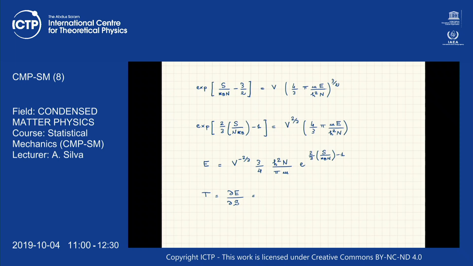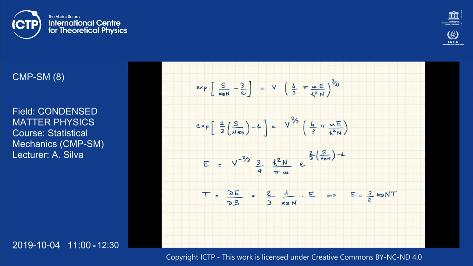So if I take dE over dS, I will just take down 2/3 over k Boltzmann n that multiplies everything that is written here, which is the energy itself. So this is equal to 2/3 1 over k Boltzmann times n times the energy itself. The energy, because the dependence is exponential, which by the way implies that the energy is 3/2 k Boltzmann times n times T.